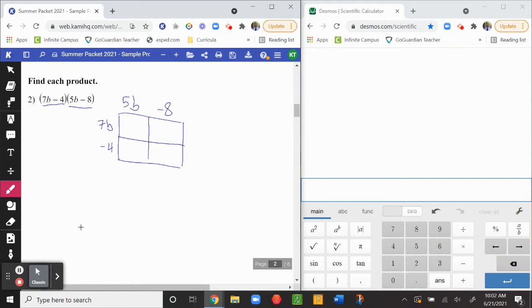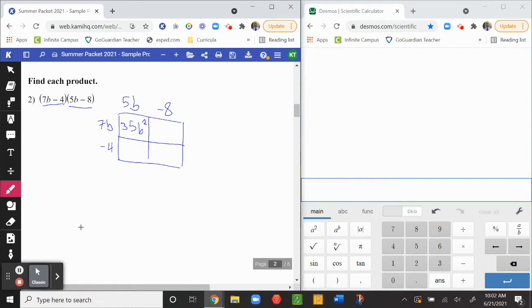So I took these factors and wrote them outside the box. The next thing that I need to do is multiply. 7b times 5b will find the product and put that in the first box. 7 times 5, that's 35. And b times b, well, that's b squared.